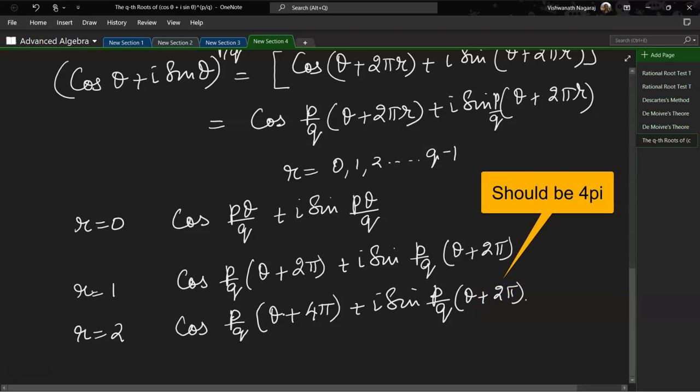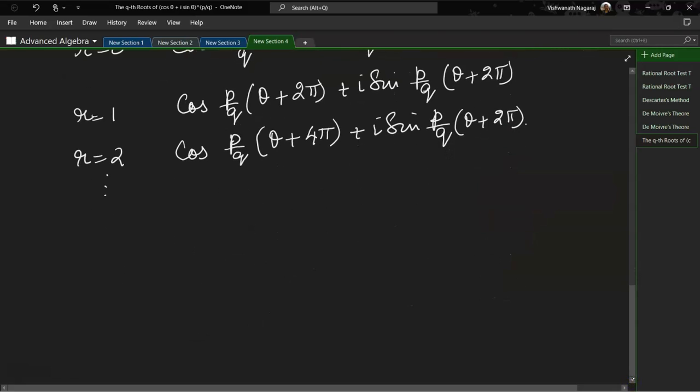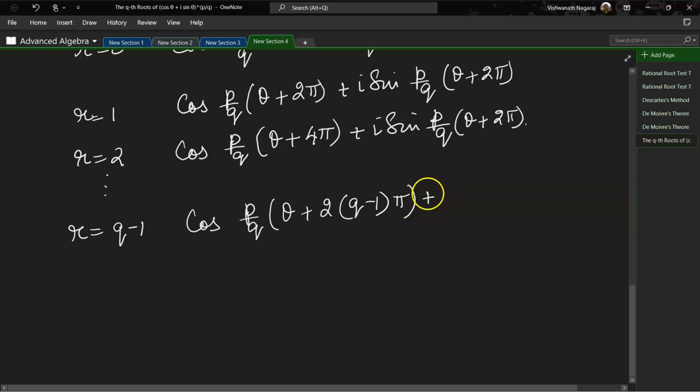If an angle goes beyond 2 pi, we can bring it down to the reference angle between minus 2 pi and 2 pi. Our general expression, for r equal to q minus 1, becomes cos(p by q times (theta + 2(q minus 1) pi)) plus i sin(p by q times (theta + 2(q minus 1) pi)).